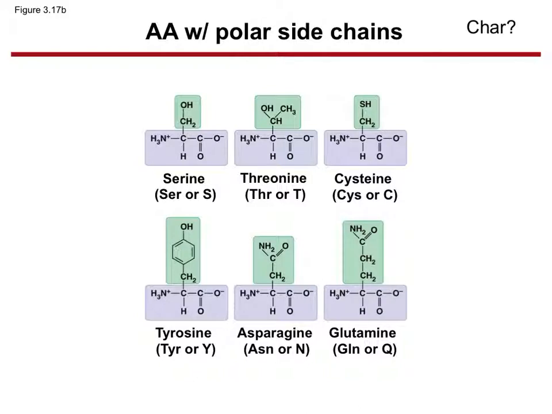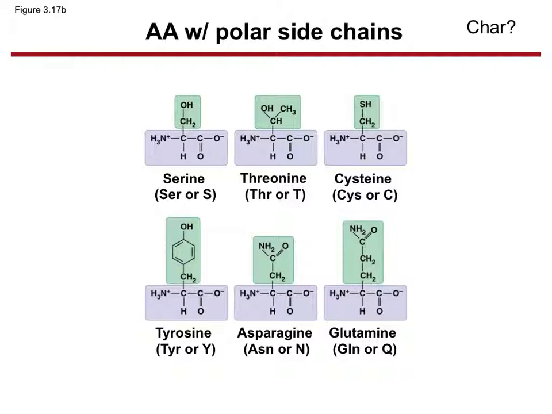These are the polar side chains. Unlike the nonpolar, these are going to contain lots of hydroxyl groups, some carbonyl groups, and even a sulfur or sulfhydryl group here. So these will interact with water. They hydrogen bond with water, which means they'll be on the outside of the protein.